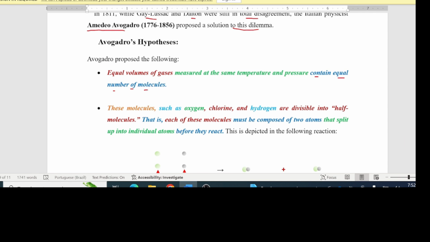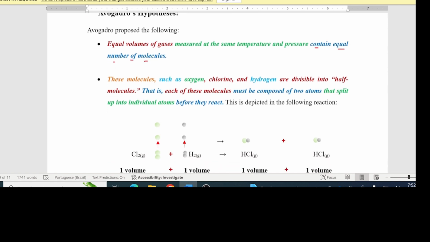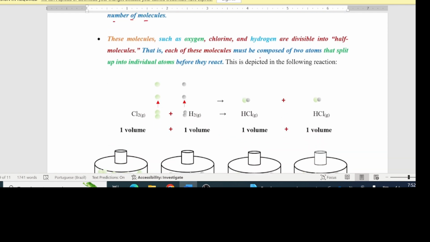This other hypothesis is of special significance, since it brings about reconciliation between the differences in viewpoints of Dalton and Gay-Lussac. He said these molecules, such as oxygen, chlorine, hydrogen and nitrogen, are divisible into half molecules.